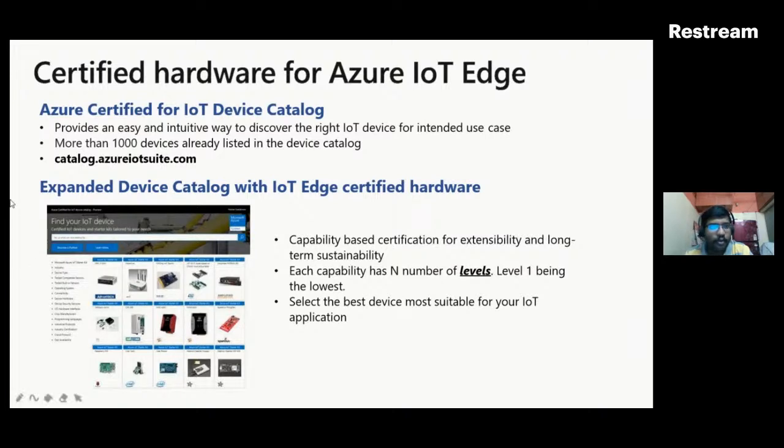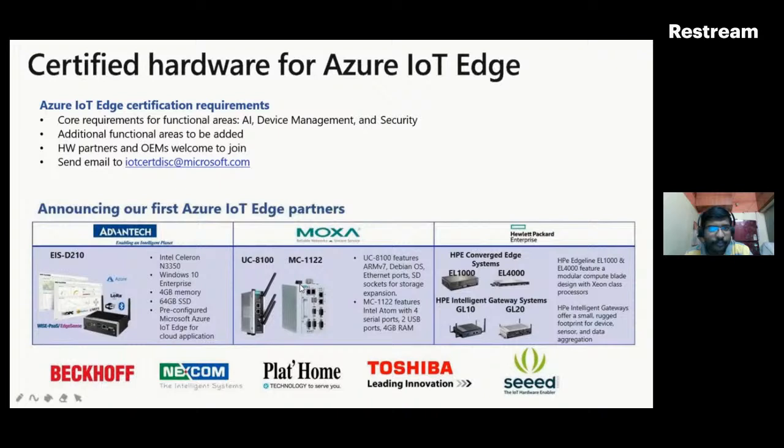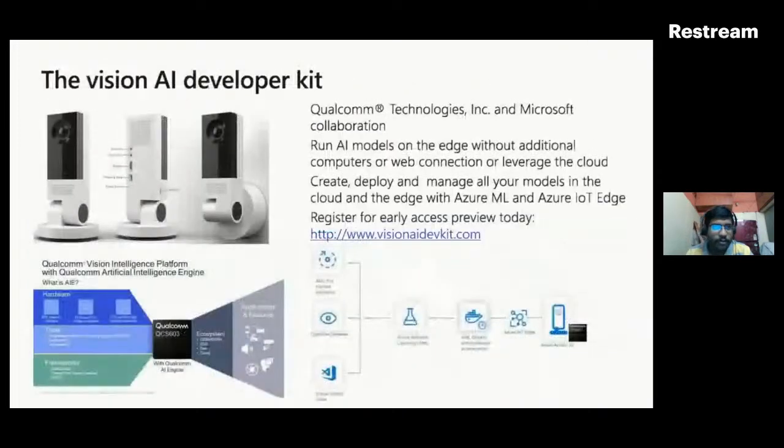If you visit this website you can have some good insight about it. We also have some more partners who have certified IoT Edge hardware to work specifically for the Azure IoT Edge use cases.